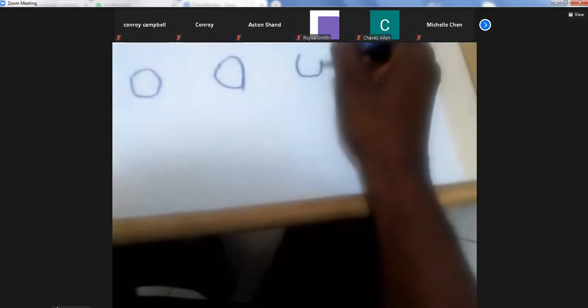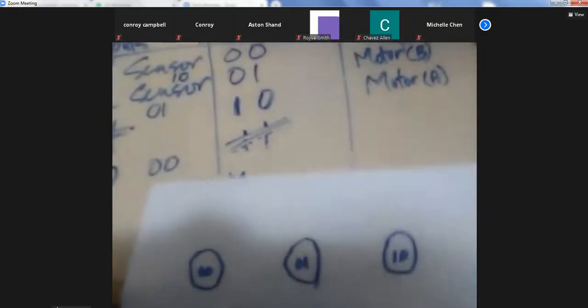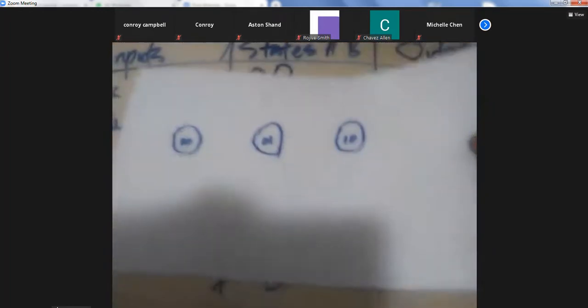We usually have a circle for each state, and we put the state in each of them. Now remember we said that we're not using 1, 1, so 1, 1 is not a state that is going to appear in our discussion.